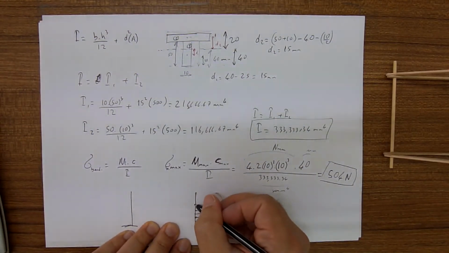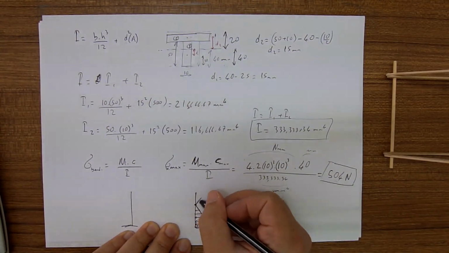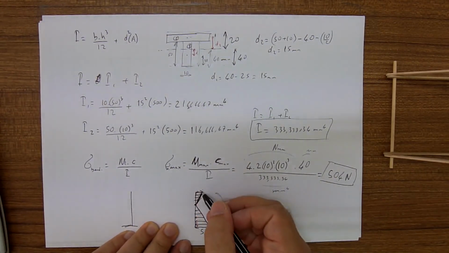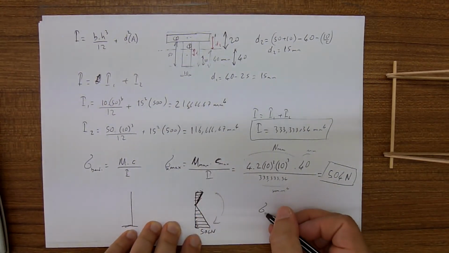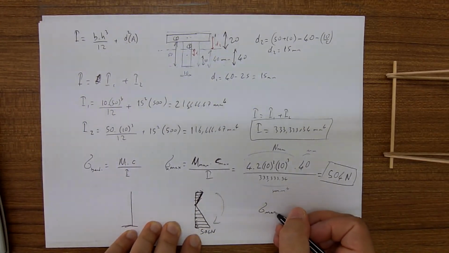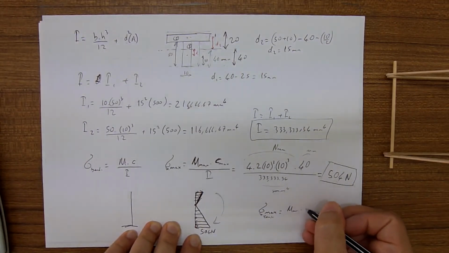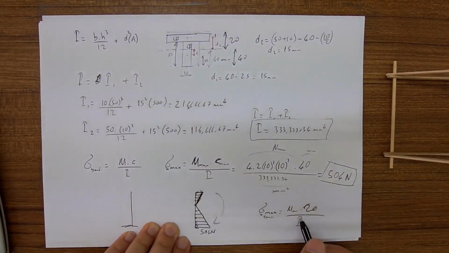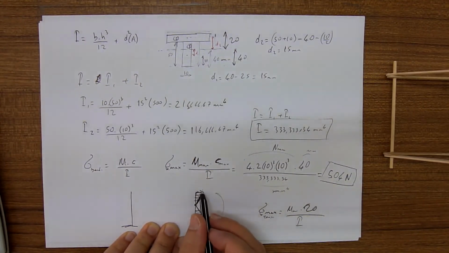So here there will be tension, but we don't know the maximum tension stress. In order to calculate this, we do maximum for tension. So again, M max times c, for c it is 20, divided by the same I. When you calculate that, you will find the maximum tension stress.